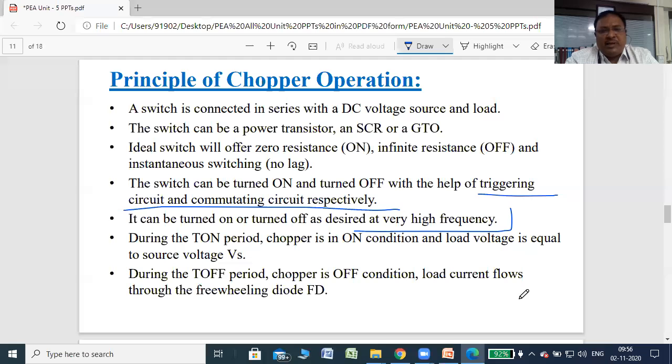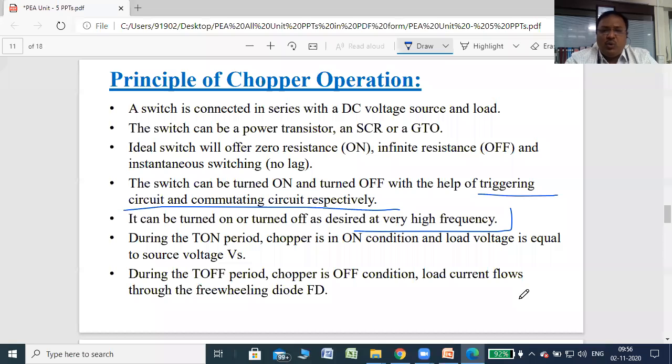During the on period, the chopper is in conduction and the load voltage is equal to the source voltage. During the off period, the chopper is in off condition, and the load current flows through the freewheeling diode FD. This is for an inductive load. For a resistive load, no, right?